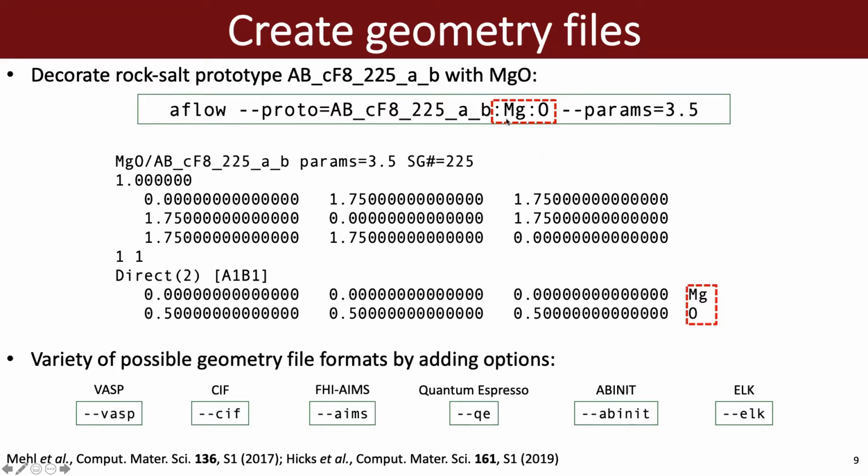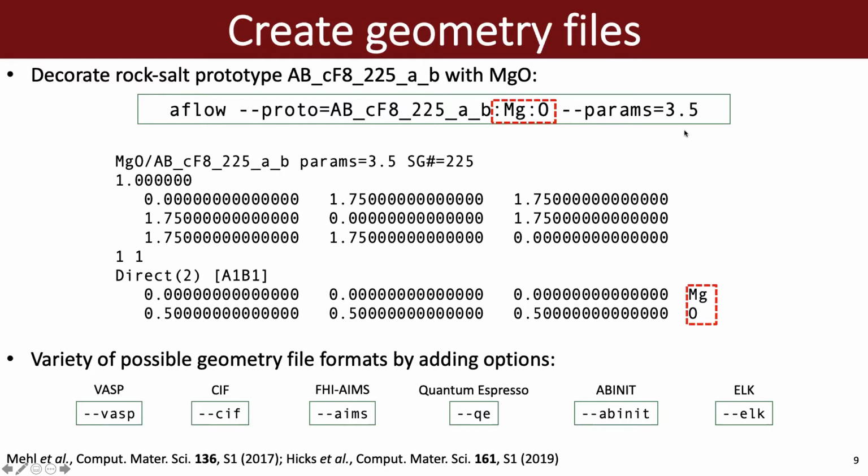One thing I want to point out is that in order to decorate it with magnesium and oxygen, we need to append to the label via colons the elements that we want to decorate. It needs to be in alphabetical order, so in this case, magnesium first and then oxygen. Then there's only one degree of freedom, the A lattice parameter, and we're specifying 3.5.